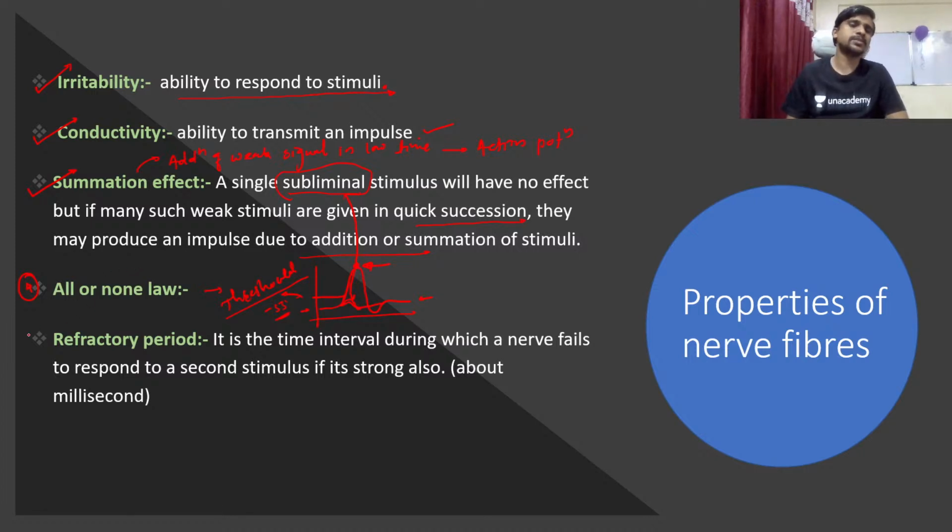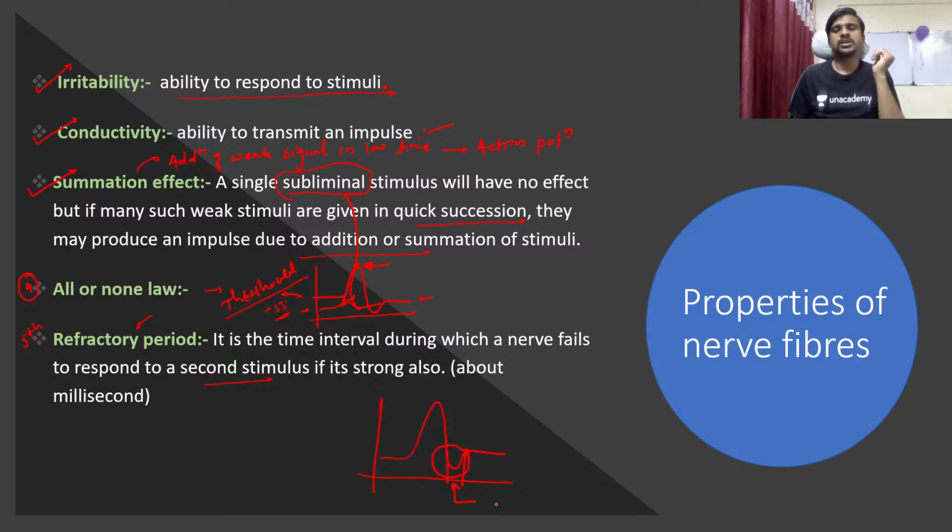Okay, so the next, fifth property is the refractory period. It is a time interval during which the nerve fails to respond to a second stimulus. The nerve does not respond to a second stimulus during the refractory period; I have already explained this. So in the refractory period here, resting potential, action potential, refractory period, resting potential. In this time the nerve is not going to take any signal.